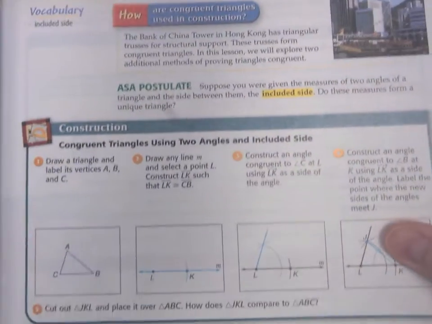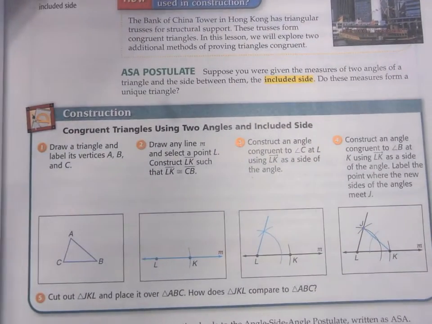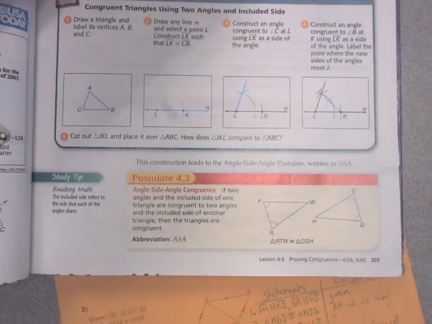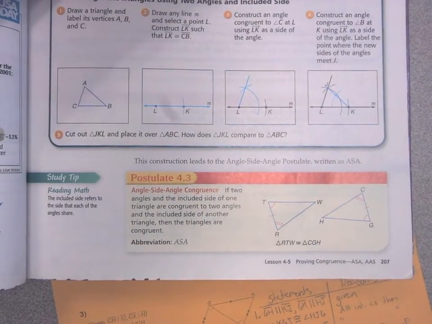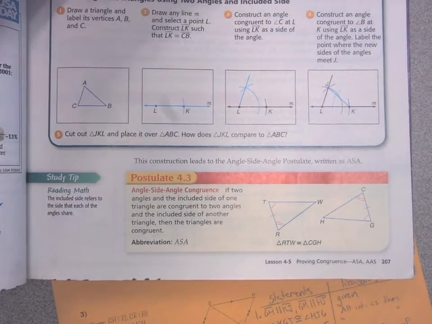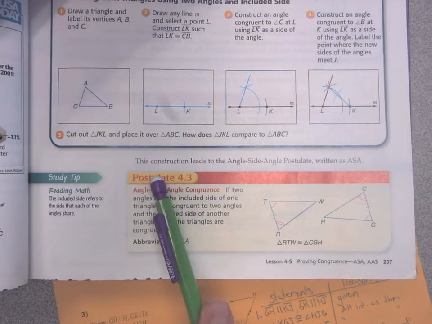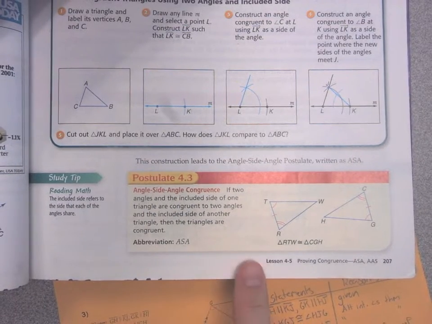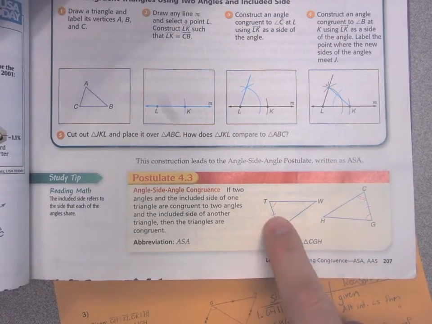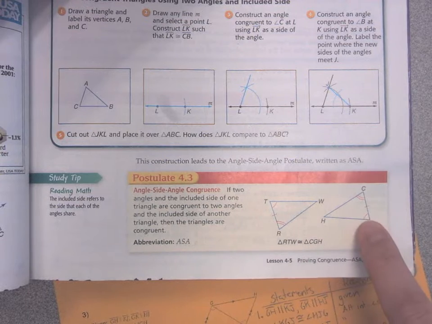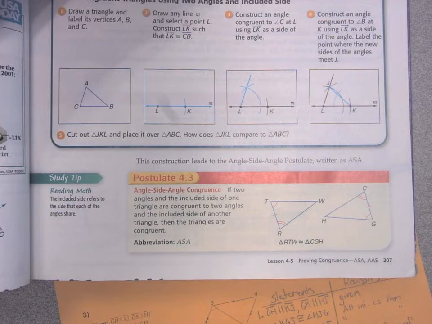Okay, at the bottom of page 207 you will find the angle-side-angle congruence postulate. It says if two angles and the included side of one triangle are congruent to two angles and the included side of another triangle, then the whole triangles are congruent.